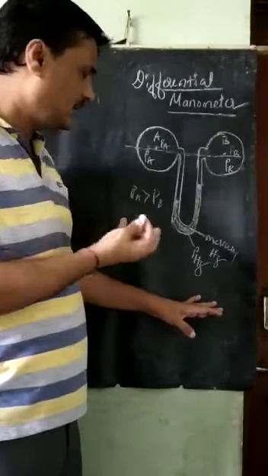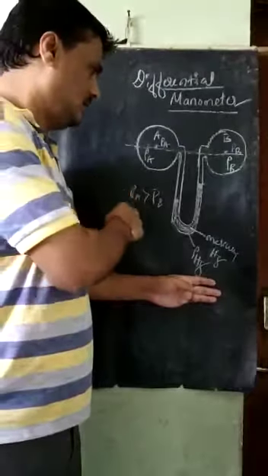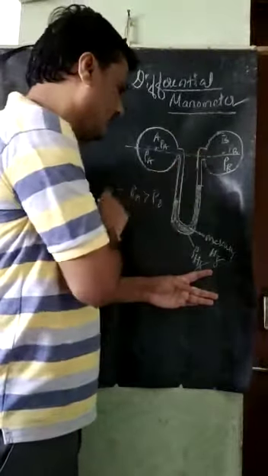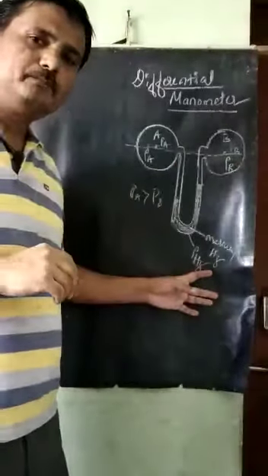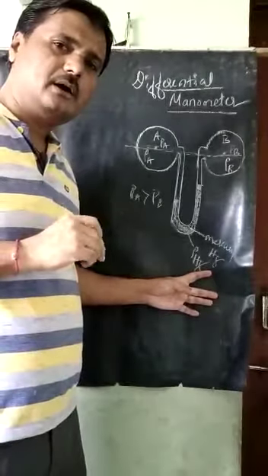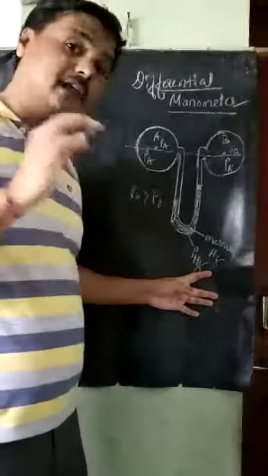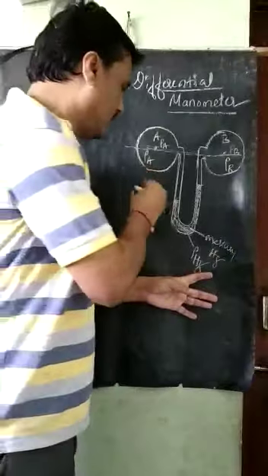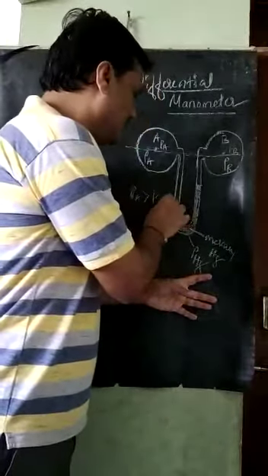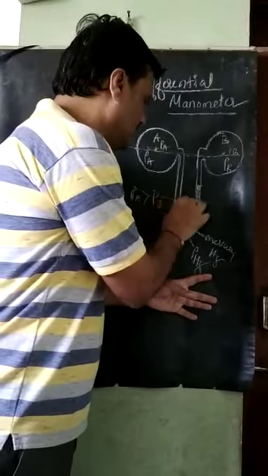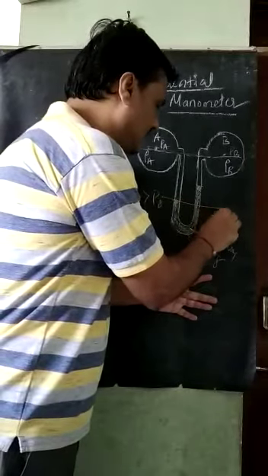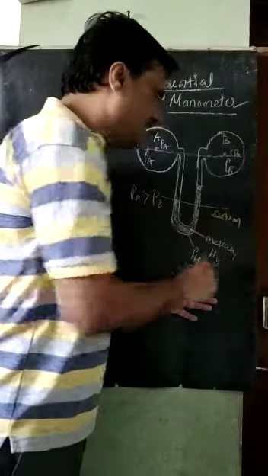Next I will take some distances here. As I have told, we have to take the lower level as the reference level because it is stable. So the lower level is at the left limb here. This one I will take as a datum line, also called a reference line.